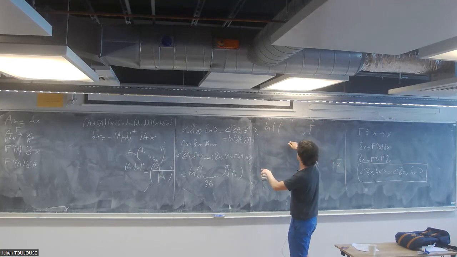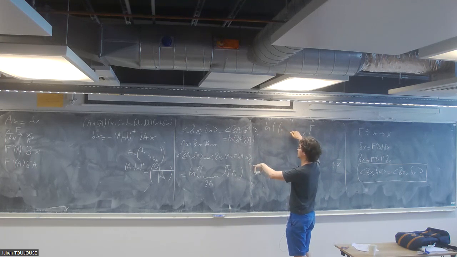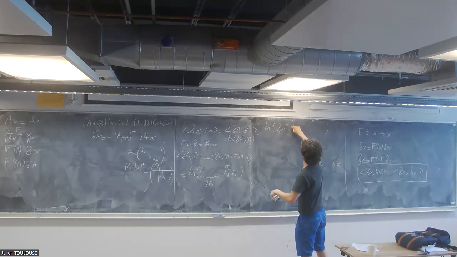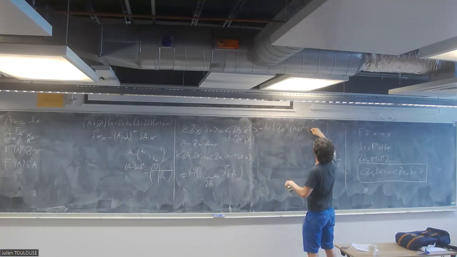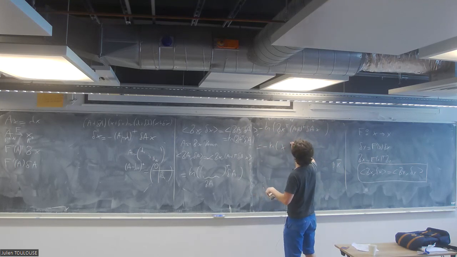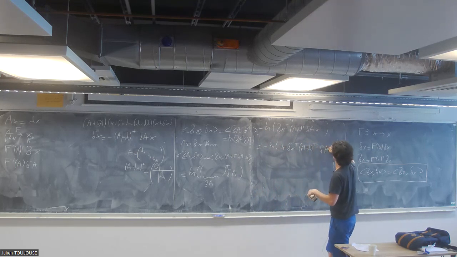So X, atlet X transpose, sorry. The trace of atlet X transpose A minus lambda plus, always with a minus, delta A X, and then you use the cyclicity.